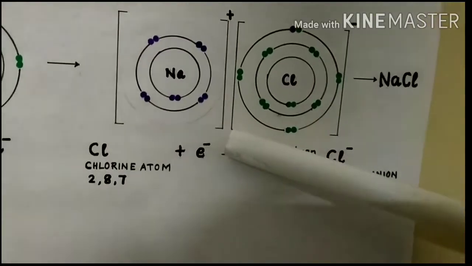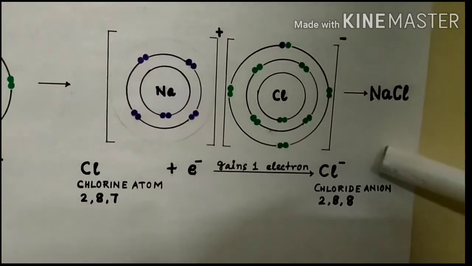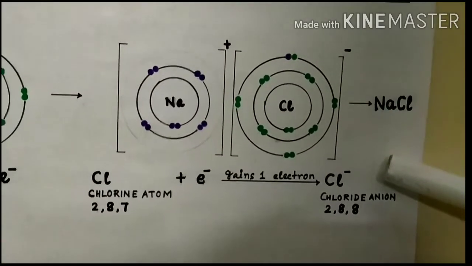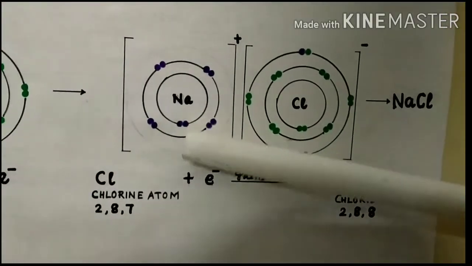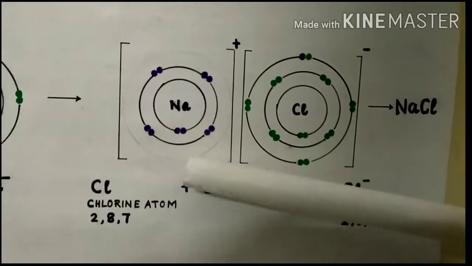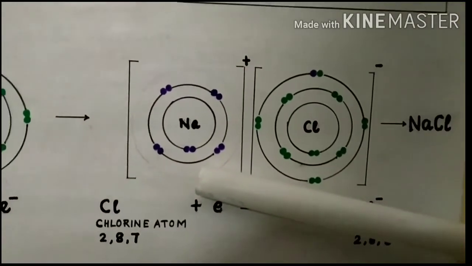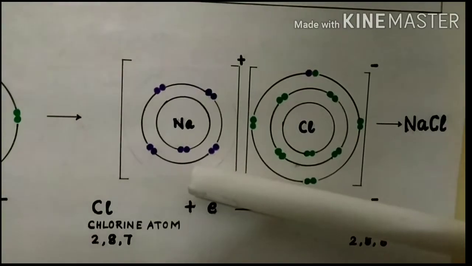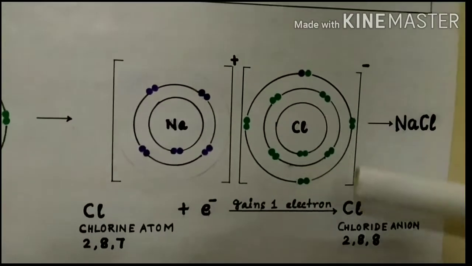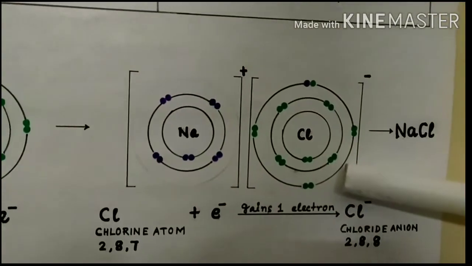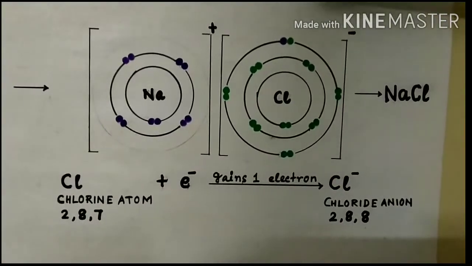As a result, sodium ion and chloride ion form. See here, sodium 2,8. It gains the stable atomic structure of neon, 2,8, and the chloride ion has 2,8 electrons, and the outermost shell also has 8 electrons.